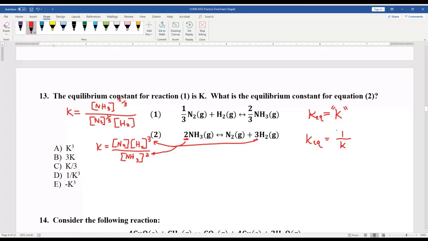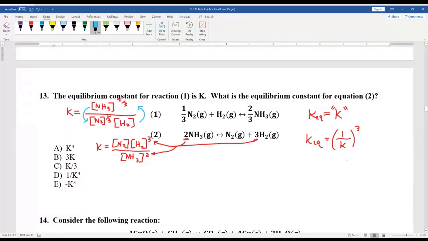It multiplies the power by 3. So that means this is going to get raised to the 3rd power because I multiplied it by 3. I also see that the products and reactants have flipped to get from the top equation to the bottom one.